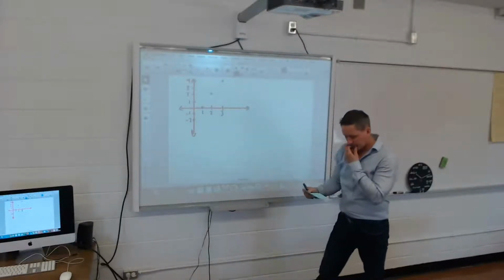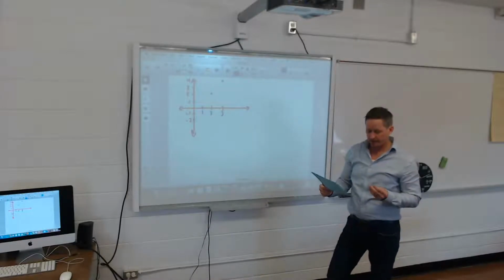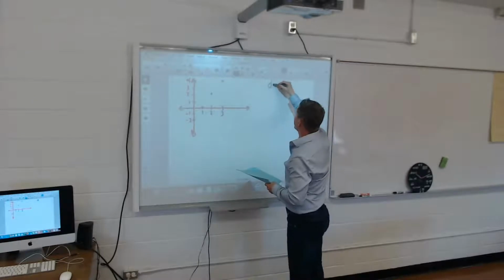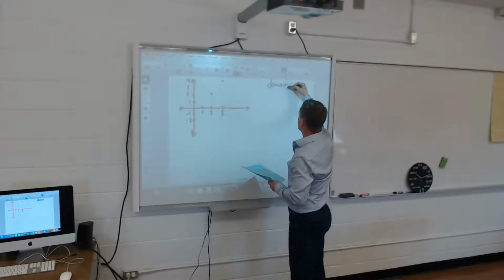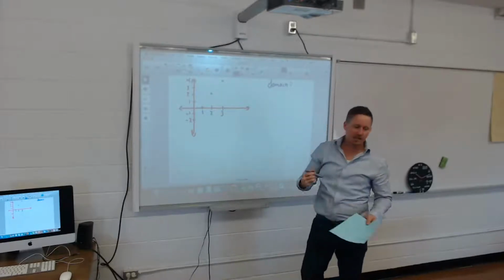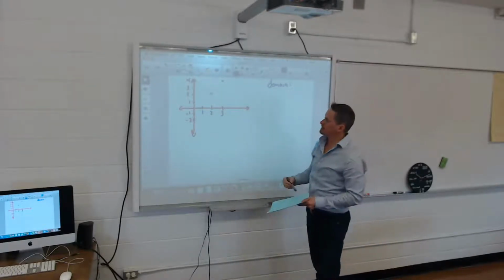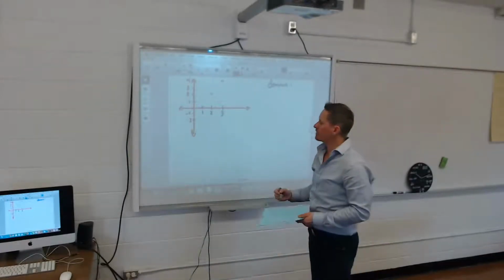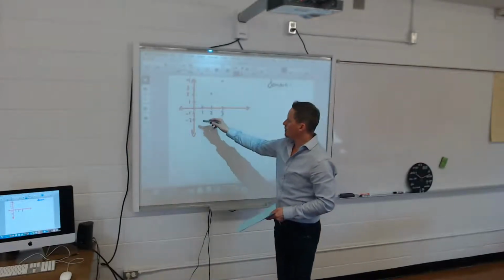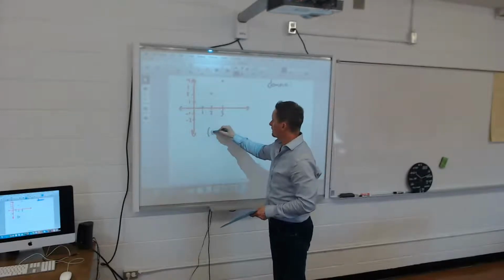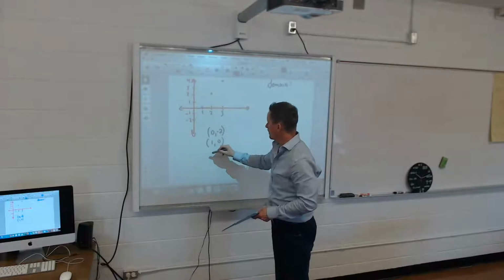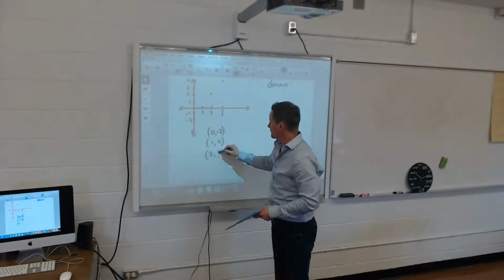Okay. So it says, all right, determine the domain and range. So the domain for this, well, the first thing I would do here is, because it's not continuous, it's discrete. I'm looking at actual coordinates. So the first coordinate would be 0, -2. Second coordinate is 1 and 0. Third coordinate is 2 and 2.